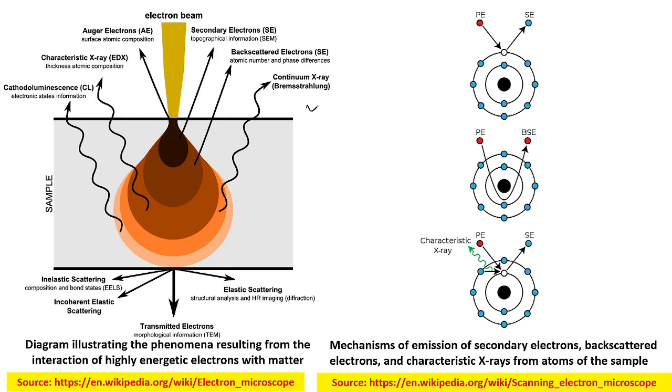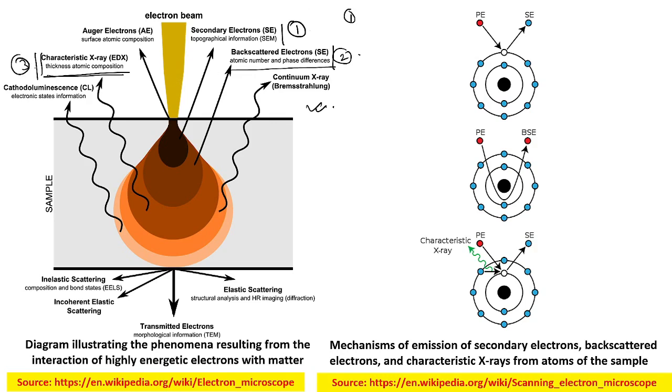Now this image on the left gives you information about how the electron beam interacts with matter. Apart from all the other things, we are interested in three interactions. The first one, secondary electrons are released. Second, scattered electrons are generated. And third, characteristic X-rays are generated.